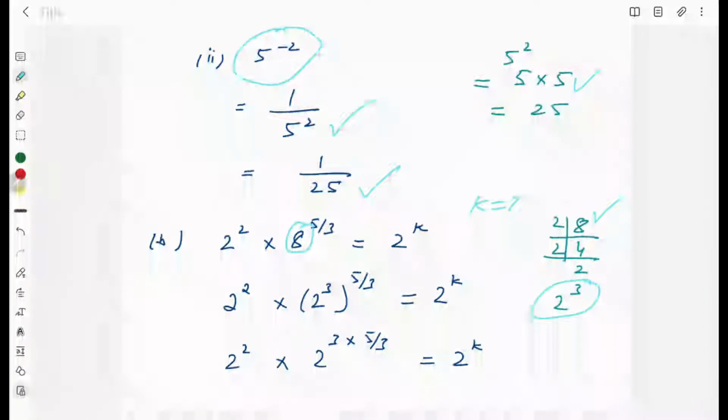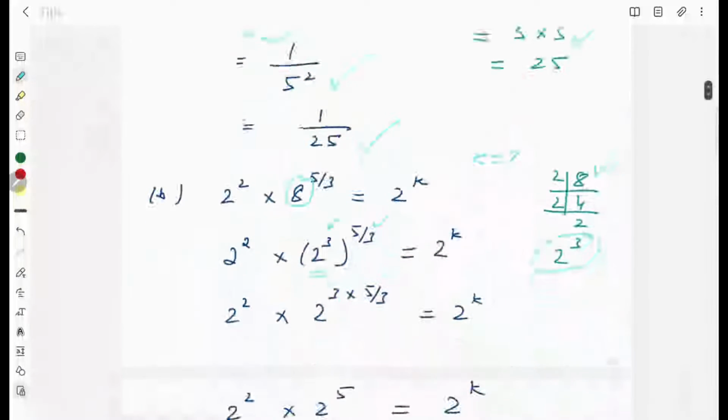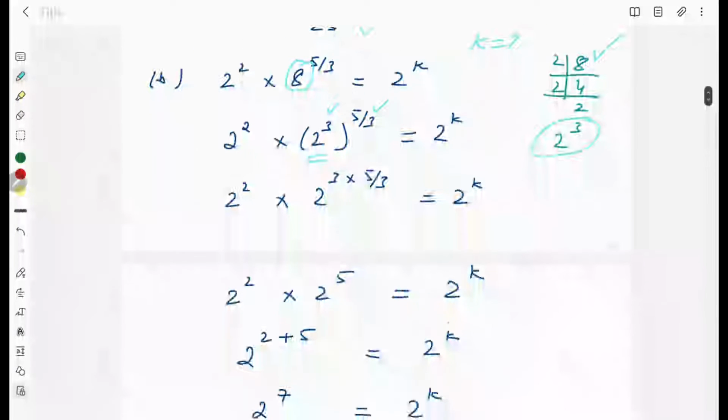So if you put 2 raised to the power 3 in place of 8, this power and this power get multiplied, and 3 get cancelled, and you get 2 raised to the power 5 multiplied by 2 raised to the power 2.